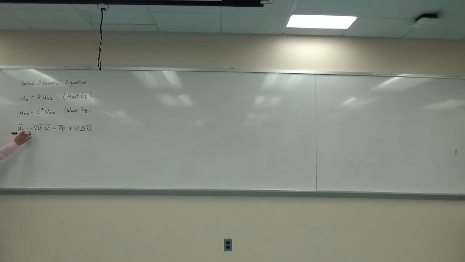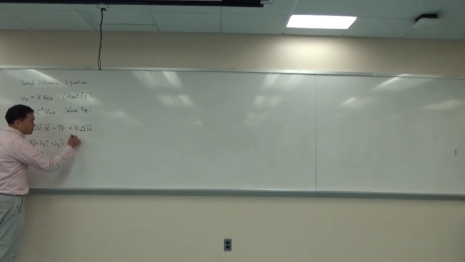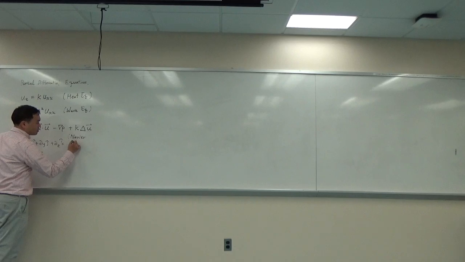And this nabla here is partial with respect to x, i, partial with respect to y, j, partial with respect to z, k, and this one is nabla dotted with nabla. This one has the name Navier-Stokes equation.